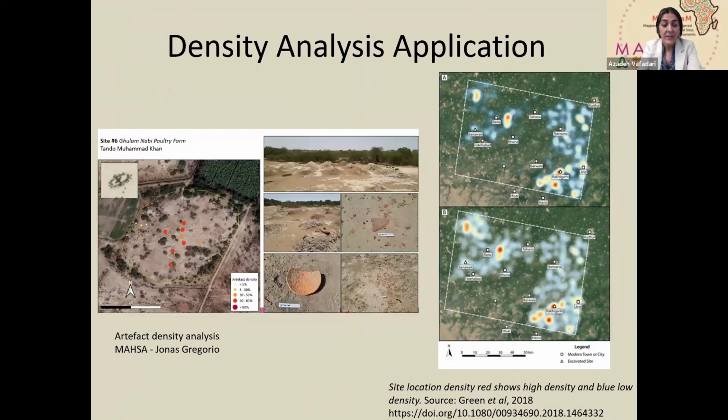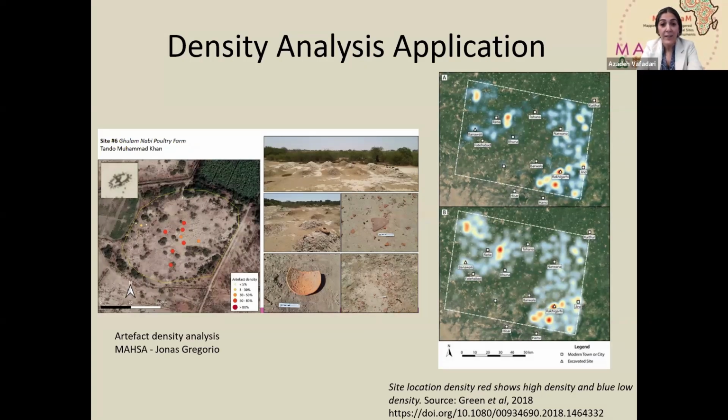Other applications of GIS are density analysis. And here I have two examples at the site level. If the information is recorded from artifacts at different parts of the site, you can then do a density analysis of where the artifacts are most densely located.